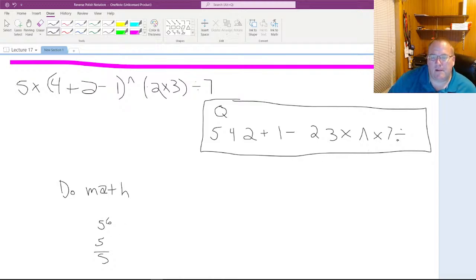And then multiplication. Oh, oops. So 5 to the 6th times 5 is 5 to the 7th. 5 to the 7th divided by 5.